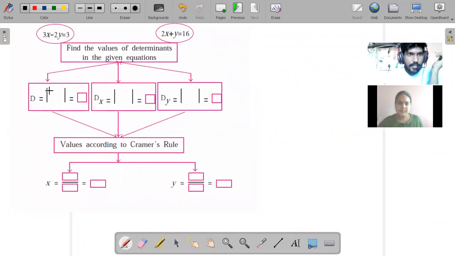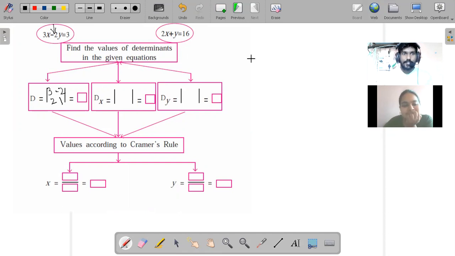So 3, 2, and what about this here? 3, 16. This is a -2. Okay, look at the minus sign also. Oh, sorry. I thought you were doing the equal to sign. So 3, -2 upon 1. Don't say upon, it's not 2 upon 1. Say 2, 1.